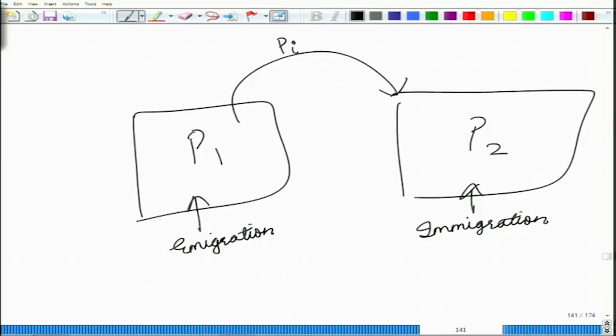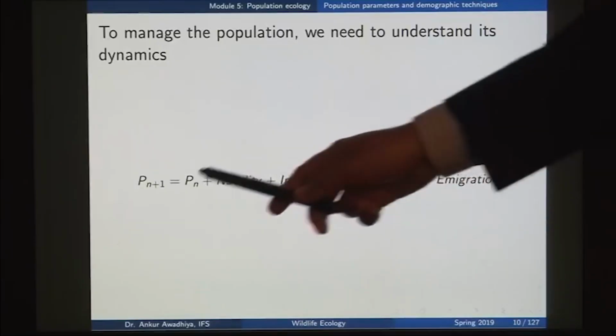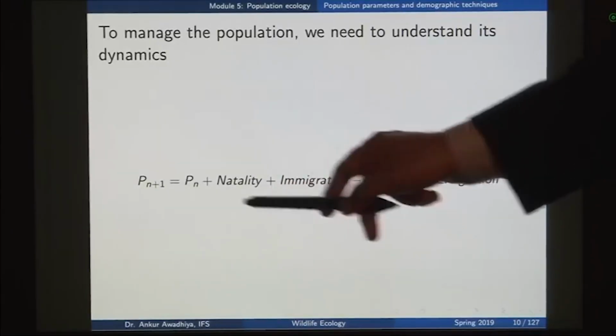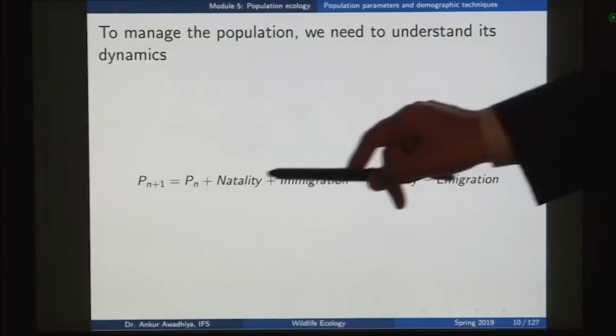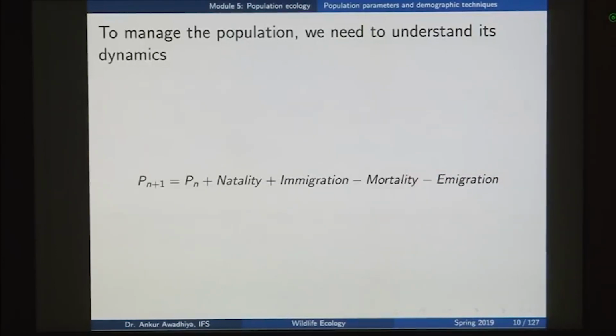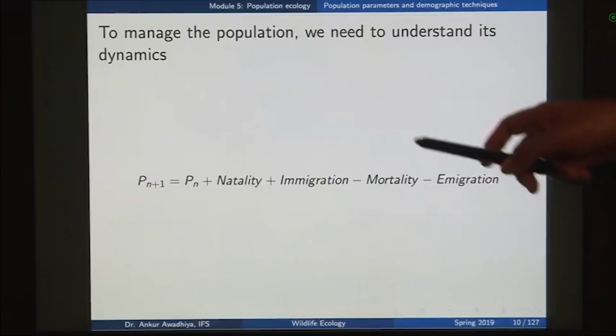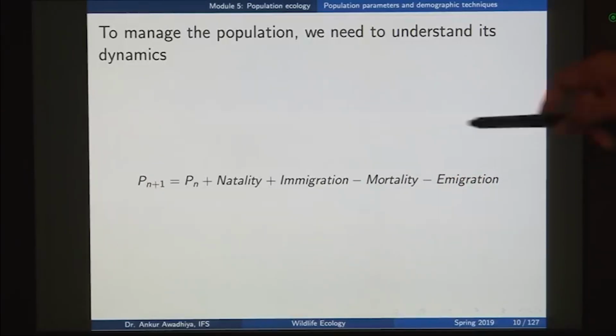So, in this equation what we see is that Pn plus 1 is given by Pn plus the additions because of birth and because of immigration, minus the number of animals that are removed from this population. Now, how do we have removals? We have removals because some animals die off, and then there are some animals that move away from this area.